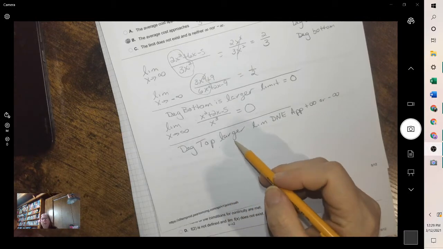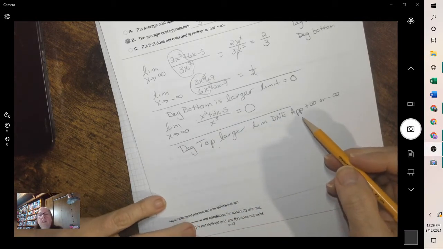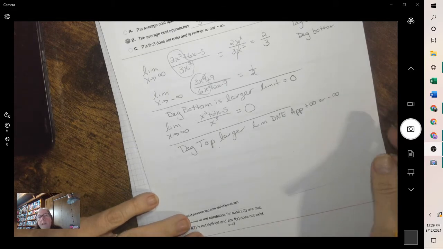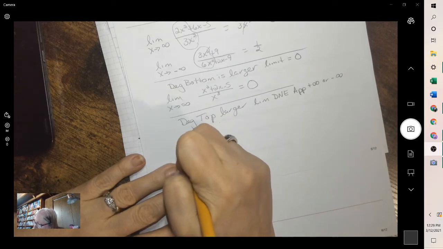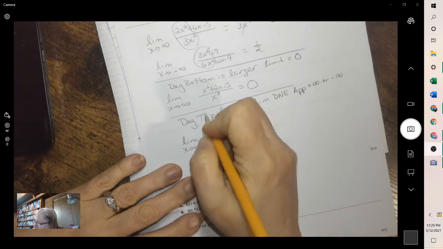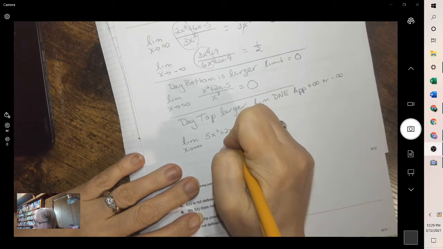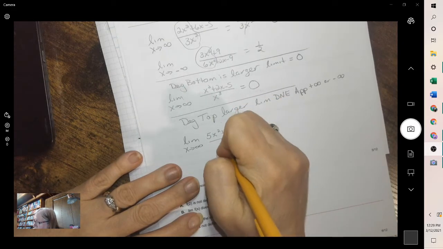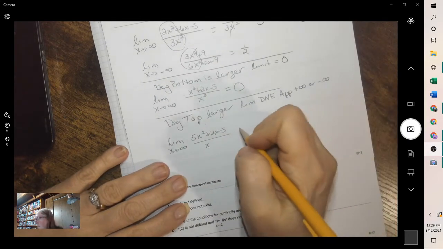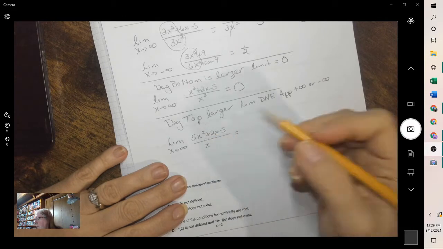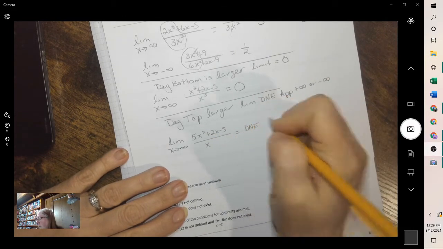If the degree on the top is larger, the limit doesn't exist. It approaches positive infinity or negative infinity. So if we had this, the degree on the top is larger, so the limit does not exist.